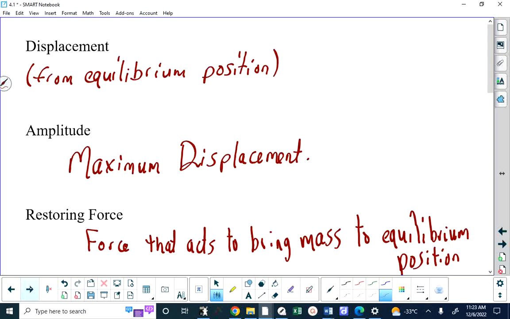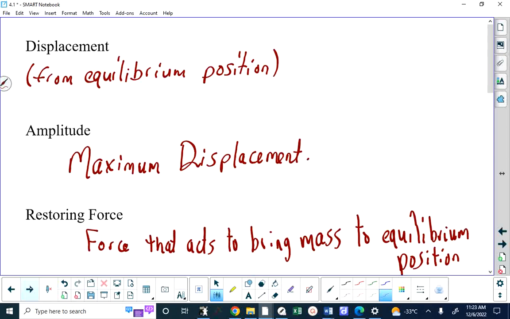The restoring force is the force that pulls this back to the equilibrium position, which would be the force that the spring exerts on it. But when it's up here, it's mainly the force of gravity that's causing the restoration of the position. However, at the bottom, yes, the spring is pulling it up, but it's fighting against gravity. So gravity plays a role there as well.